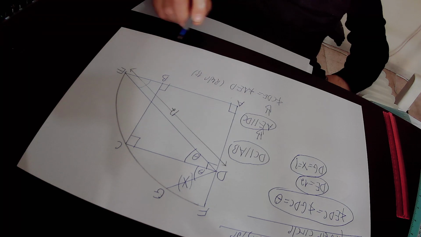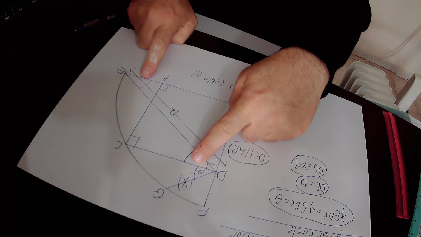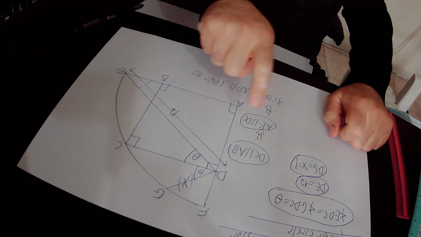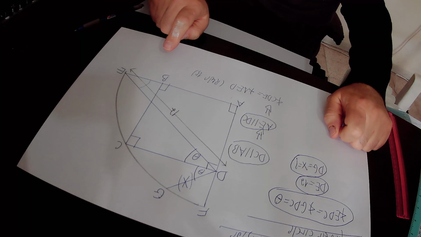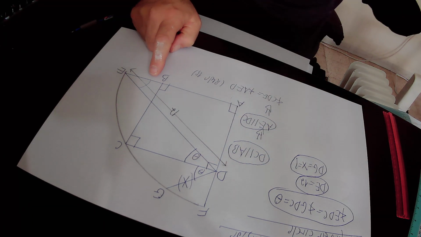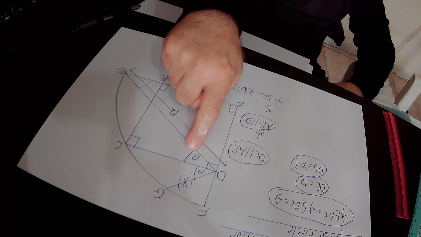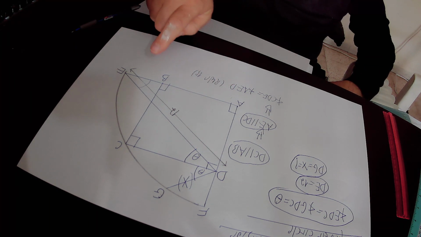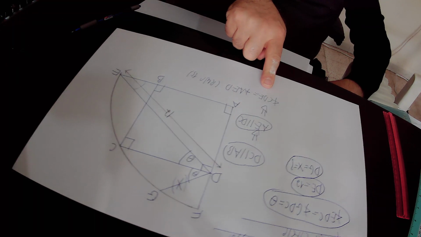Again, those two angles are alternating angles located between the parallel lines DC and AE, and therefore they are equal according to rule 15. But this is angle theta according to what is given in the question. So can I say that angle CDE equals theta? Here angle CDE equals theta.